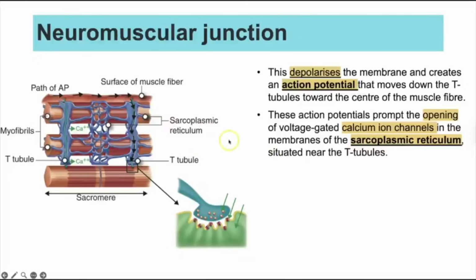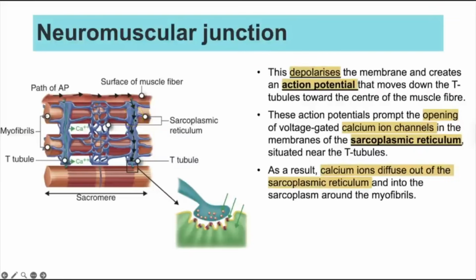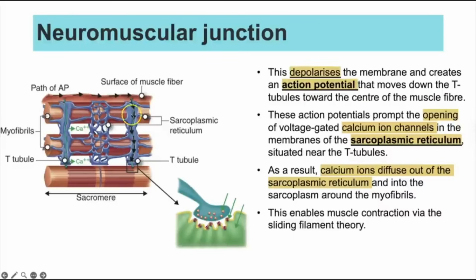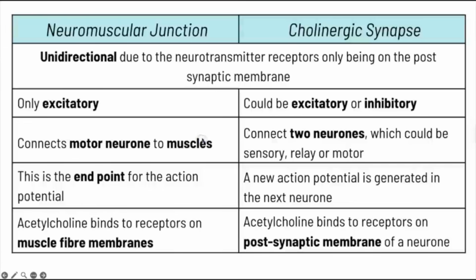Those action potentials prompt the opening of voltage-gated calcium ion channels in the membranes of the sarcoplasmic reticulum, situated near these T-tubules. As a result, calcium ions diffuse out of the sarcoplasmic reticulum around the myofibrils, and that is what causes muscle contraction via the sliding filament theory.